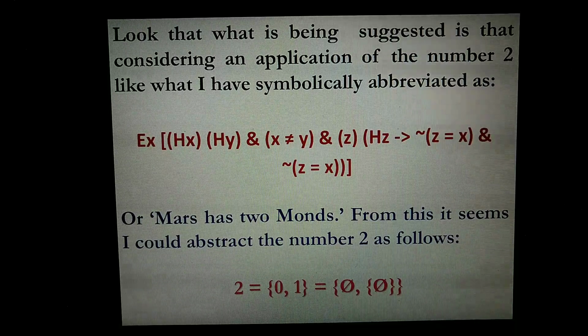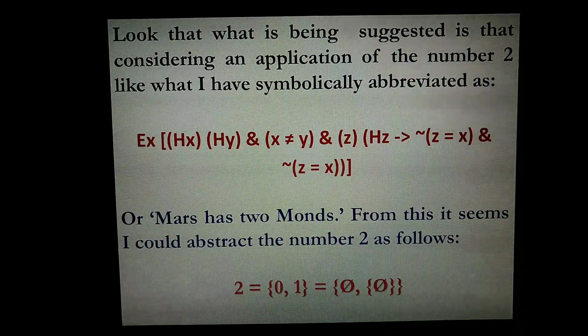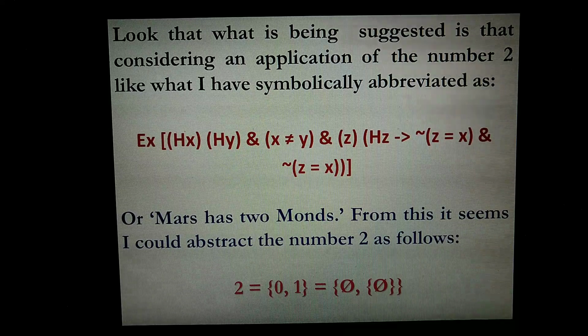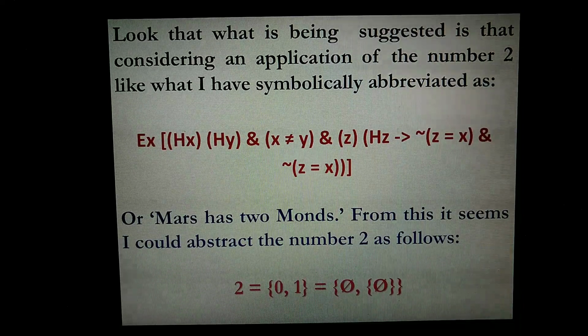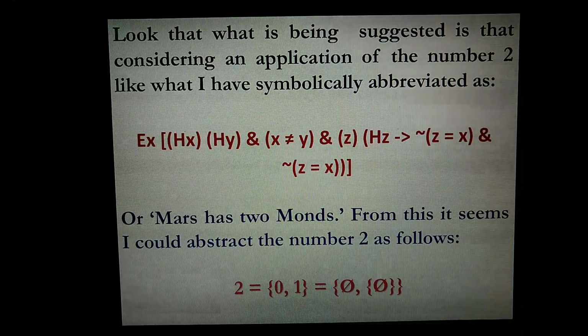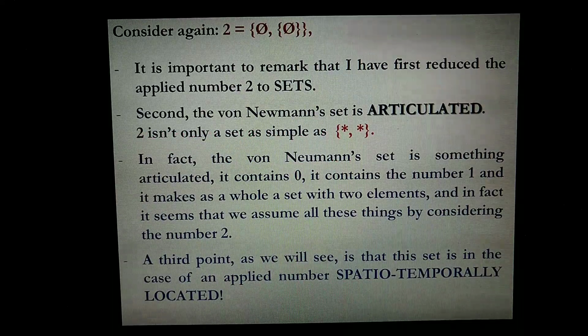2 is a set that contains 0 and 1, and here it contains the null set and the set that contains 1. It is important to remark that I have first reduced the applied number 2 to sets.